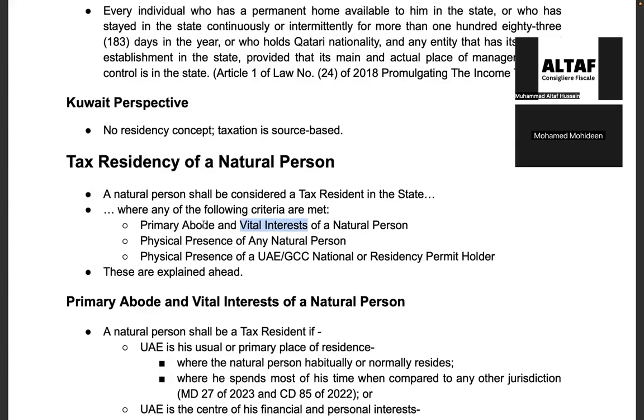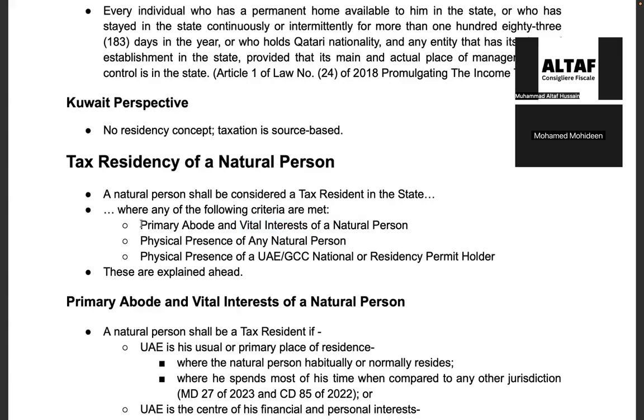So there was a tiebreaker test performed by the court, and ultimately the very interesting decision was that because this man's family and their entire life, his children and all that, are in Tel Aviv, based on the primary abode criteria that person was determined to be a tax resident of Israel. It's famous in many places, not only in Israel. There are a lot of other places that follow a similar pattern for taxes.